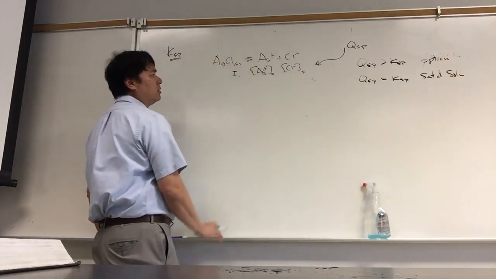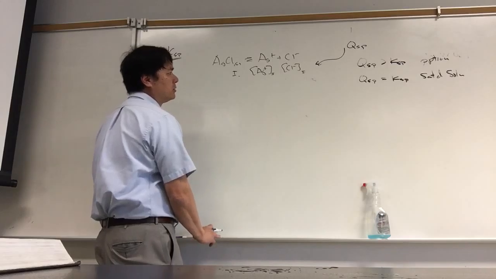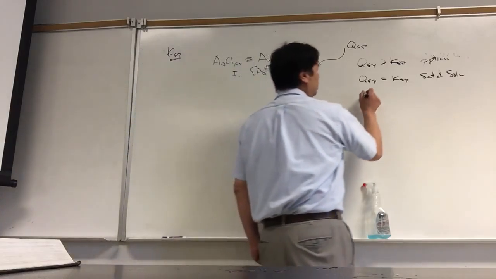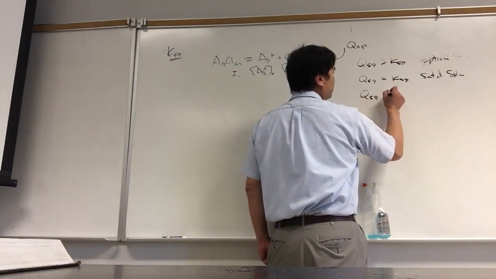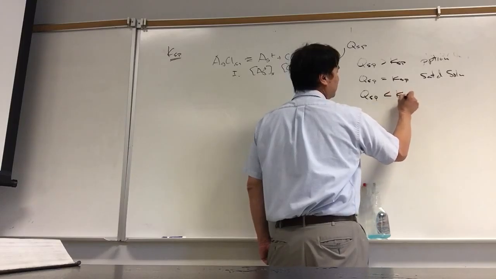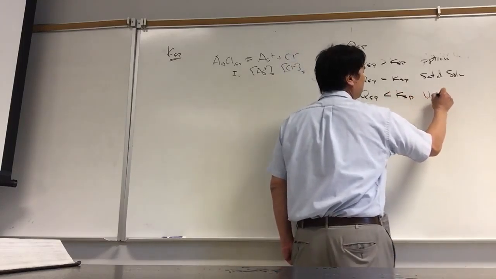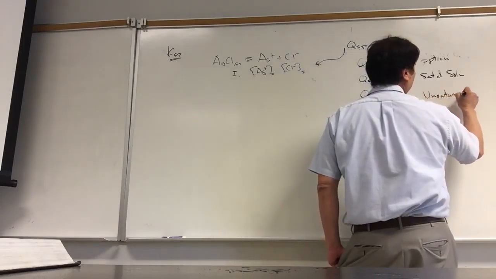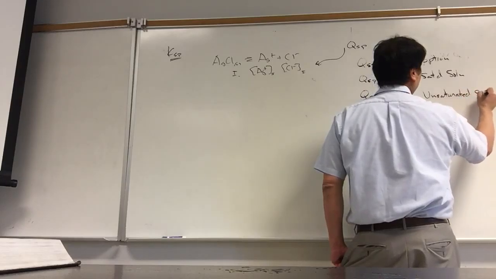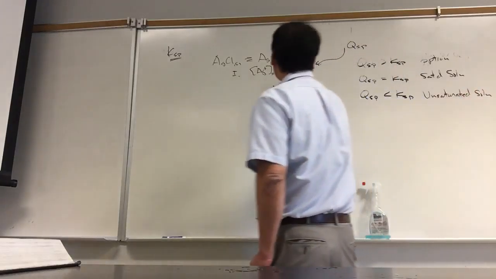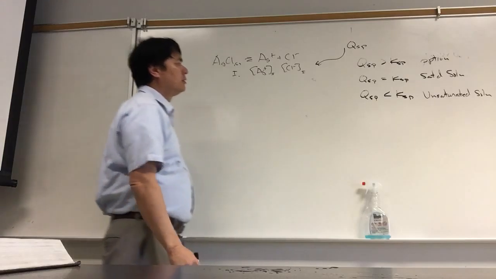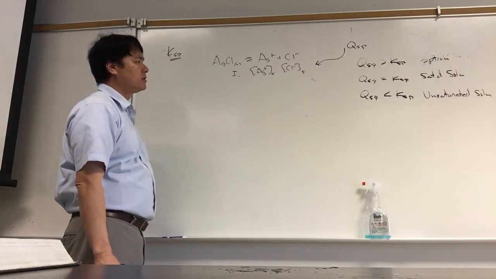That means our initial conditions are equilibrium conditions. Nothing should change. If QSP is less than KSP, then we call it an unsaturated solution. And so if both of these are 0, then obviously it's unsaturated, and some solid will have to dissolve to saturate the solution.